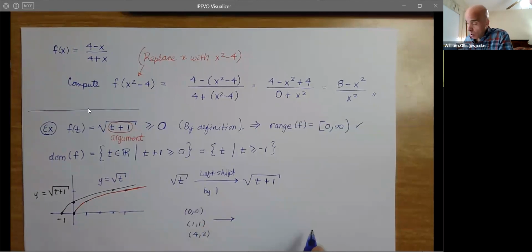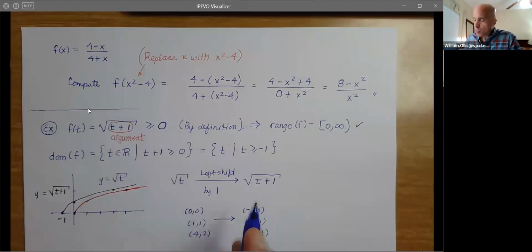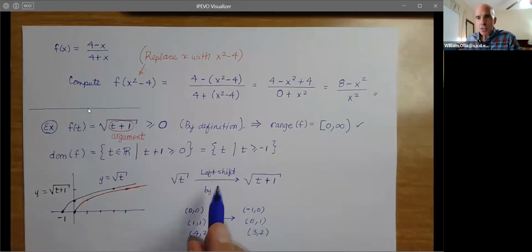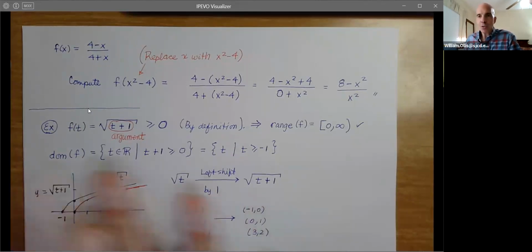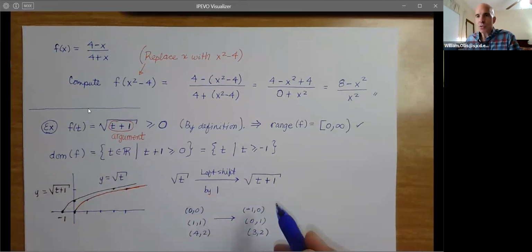So we subtract 1 from all the x coordinates. 0, 1, 3, 2. So we'll say more about this when we review this, but this is one of the major transformations that you use in mathematics from college algebra and forever. When we do trigonometry, we will use it with trigonometric functions.